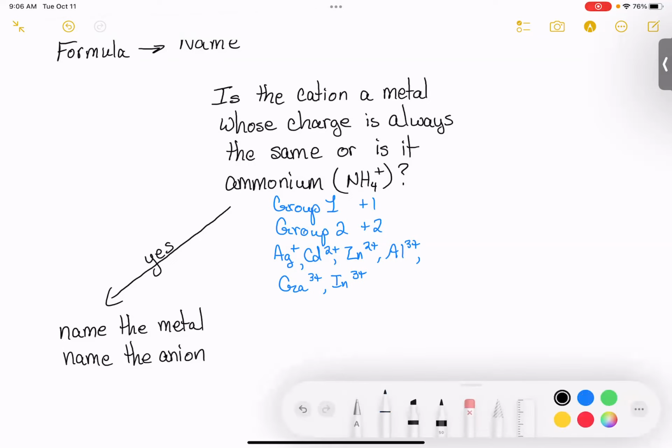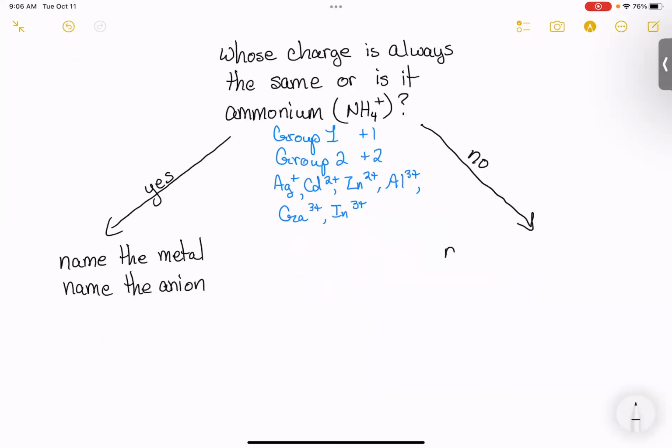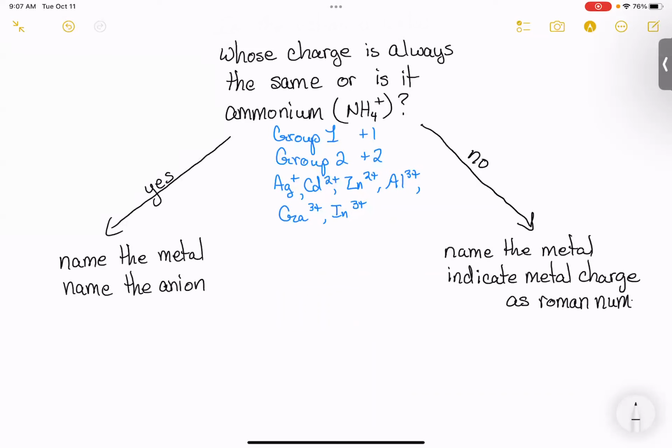Now, if you answer no to this question because it's not one of those metals, then you name the metal. You will indicate the metal charge as a Roman numeral, and you will name the anion.